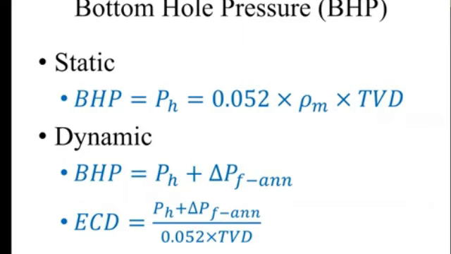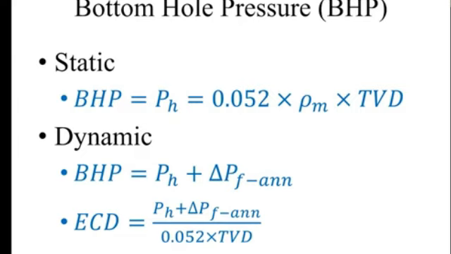You need to calculate the flow regime, whether it's turbulent or laminar, and then calculate the pressure drop due to friction. If it's laminar, there are certain formulas for that. Usually the flow regime inside the annulus is laminar, not turbulent, because we don't want to erode the open hole section. On the other hand, the flow regime inside the drill string is almost always turbulent.